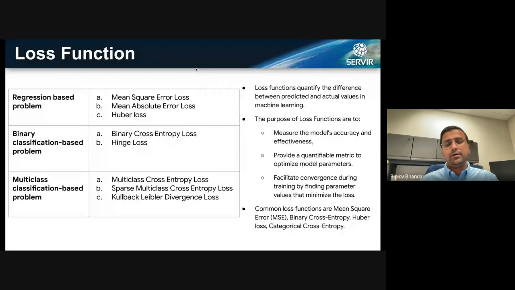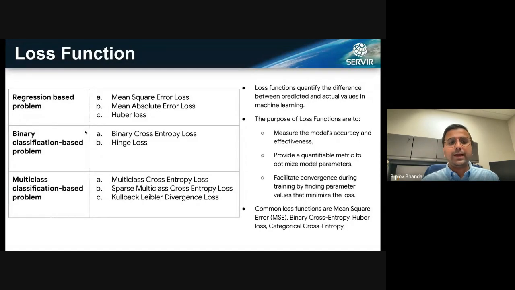A mean square error loss puts in more error because it's a square of your error function, so if you have a larger error, it would penalize those values more. You could even use an absolute error function, or a Huber loss function, which is somewhere in between a mean square error and a mean absolute error.